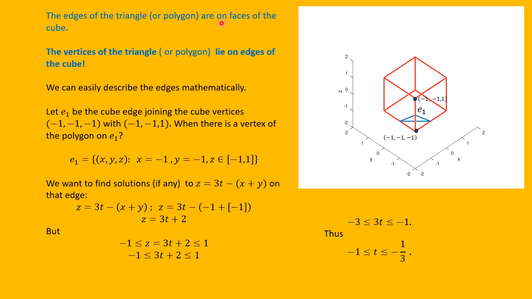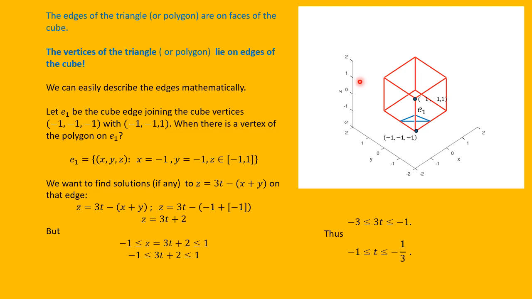Okay, so let's focus on the second statement. The vertices of the triangle or polygon lie on the edges of the cube. Okay, so let's see what we can do with that. Let E sub 1 be this edge of the cube, joining the vertex (-1, -1, -1) to the vertex up here, (-1, -1, 1).